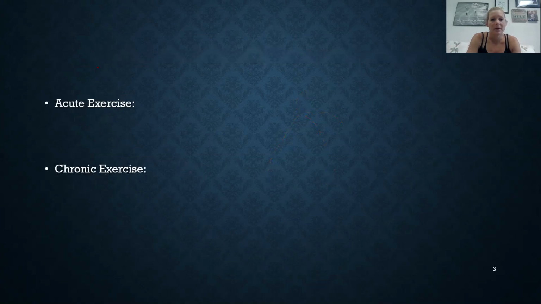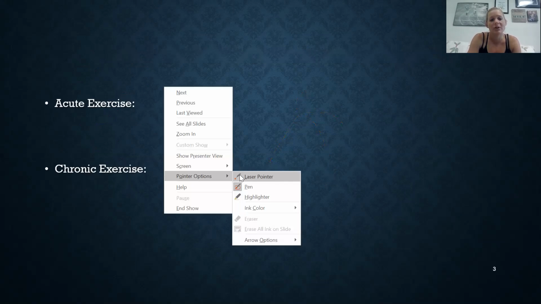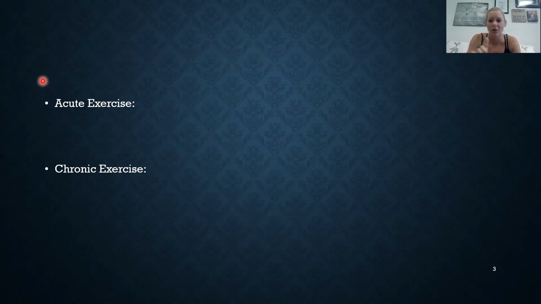We already defined these, but with acute exercise, I am interested in understanding what's happening during one single exercise bout. Acute exercise can be related to resistance training or intermittent exercise. Intermittent exercise is like a team sport, basketball for example.